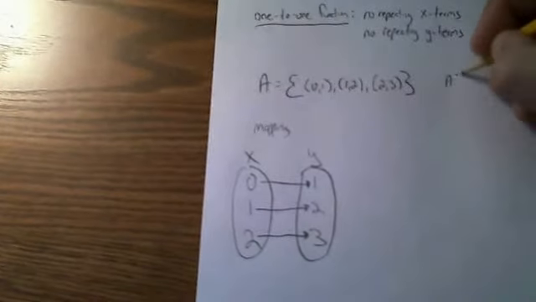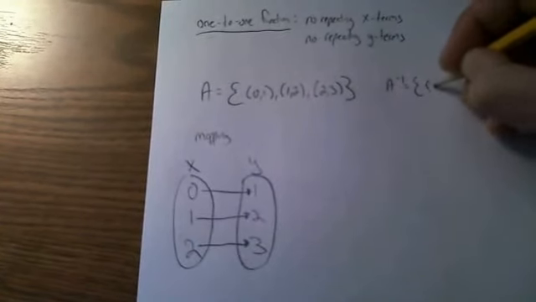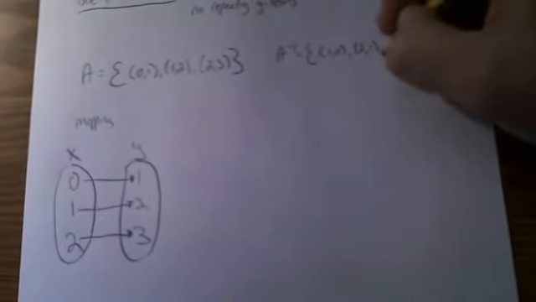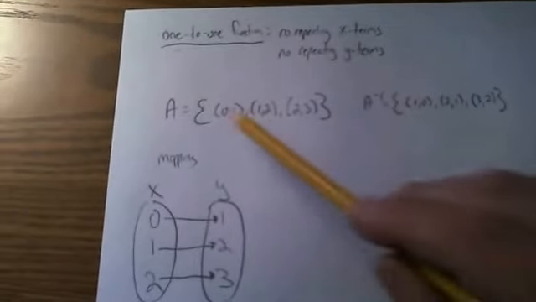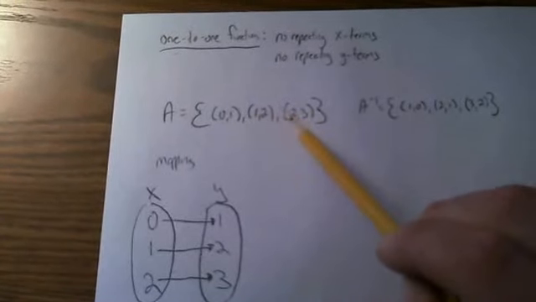Now A inverse, let's just switch the x and y. (1, 0), (2, 1), and (3, 2). So if you note, A is a function because there are no repeating x terms.